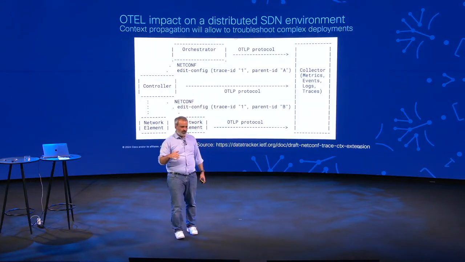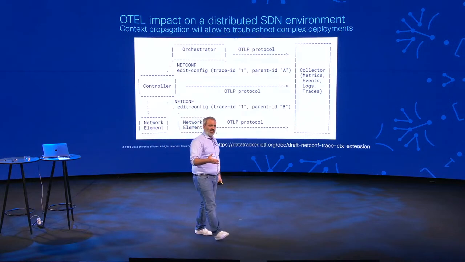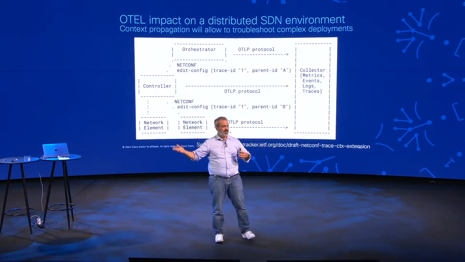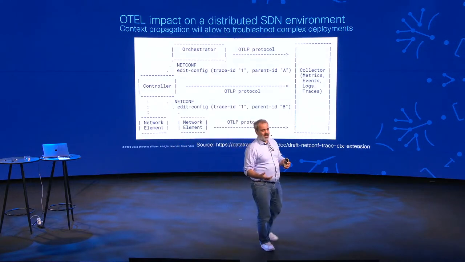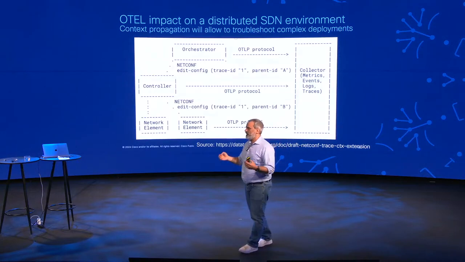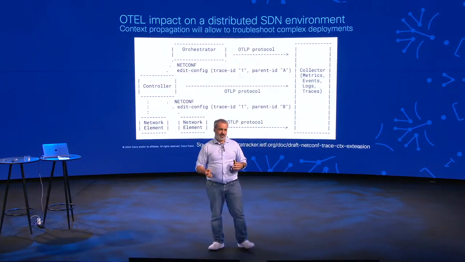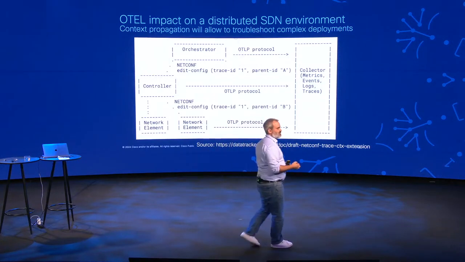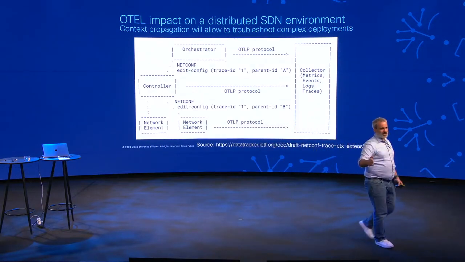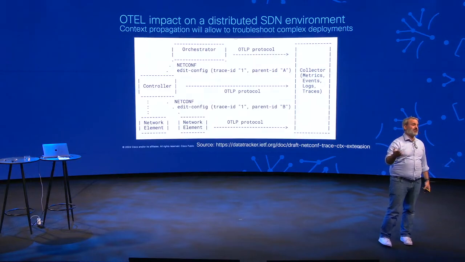Why is trace ID important? That is a global ID that every single interaction between systems connected to that original customer request will have the same ID. But the parent ID is also important because it's how I tell you who's calling you, because I may do many calls.